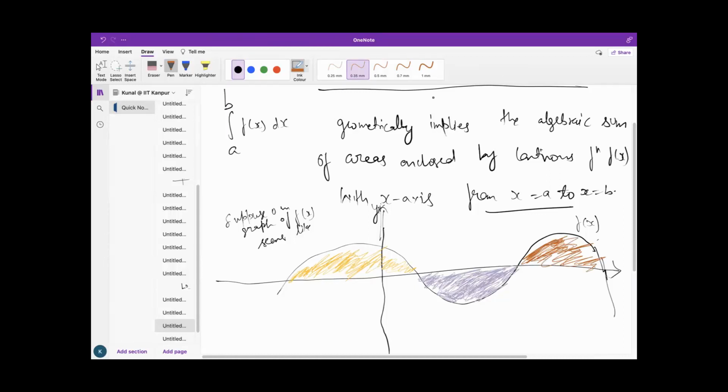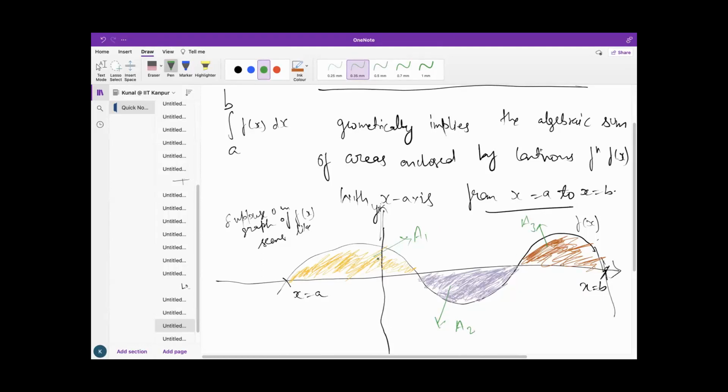So what we notice here is this is our x equal to a, and this is our x equal to b. Our function f(x) seems continuous for x in a to b, right? We have some areas here, and we call this part A1, this part A2, and this part A3.